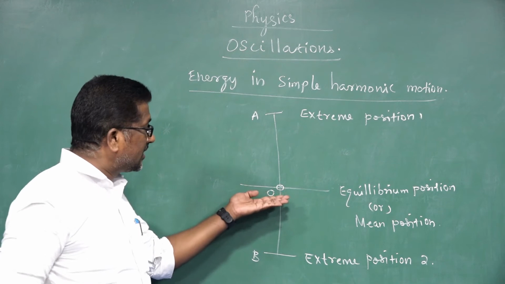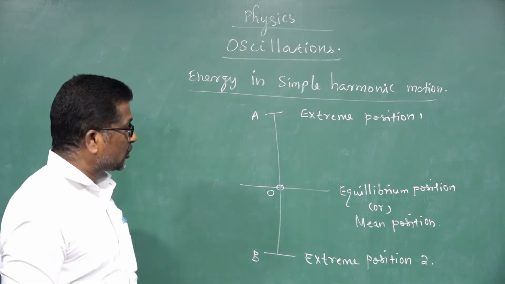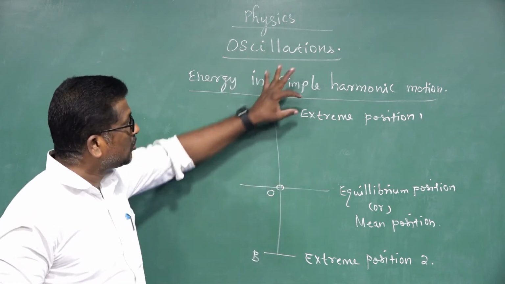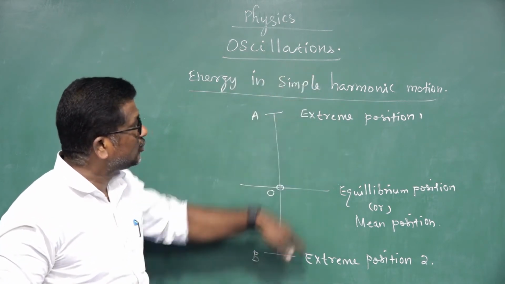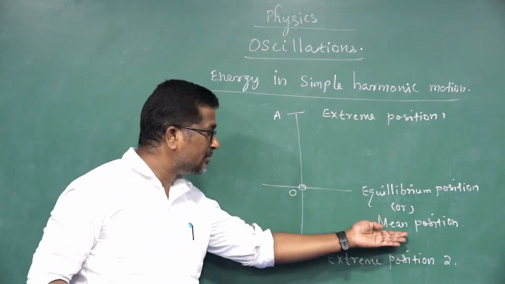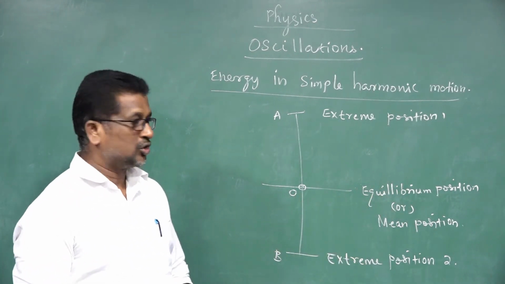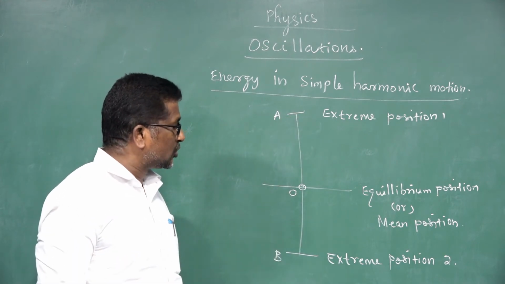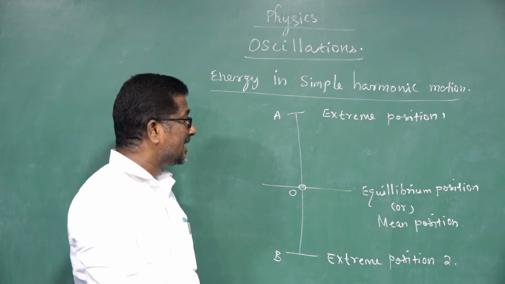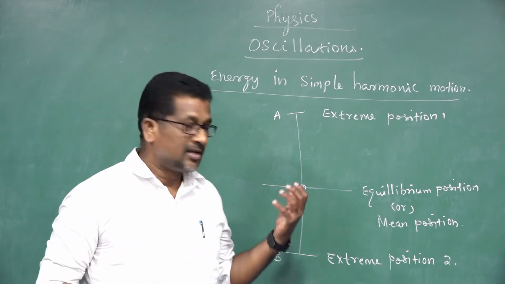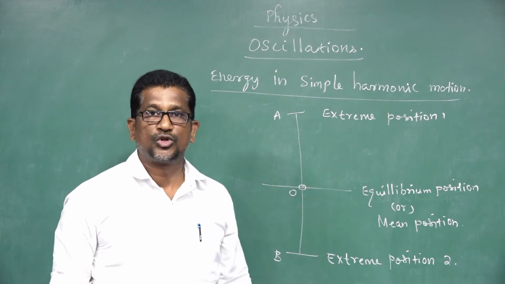So the particle executing simple harmonic motion starts from the mean position and oscillates between the two extreme positions. A and B are extreme positions and O is the mean position or equilibrium position. Whenever the particle executes simple harmonic motion, there is a restoring force acting on it.